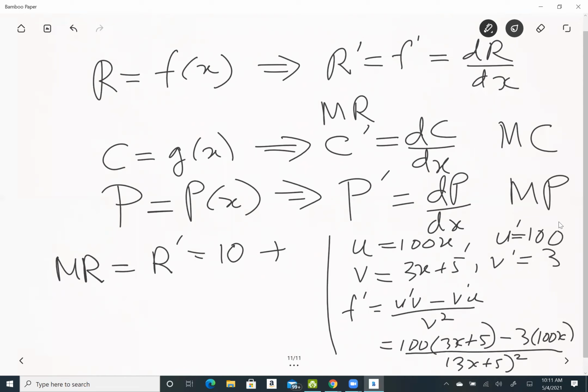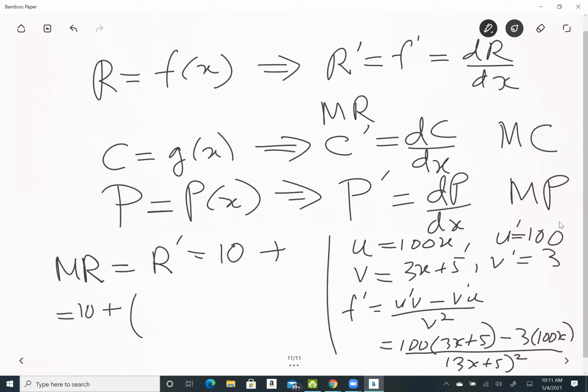Okay, so that is the derivative. Maybe you can simplify the numerator, all right? So we can do that. So what is it equal to? Now it's equal to 100 times 3x plus 500, you put in the numbers over there. You have 300x. Is that right? 300x.